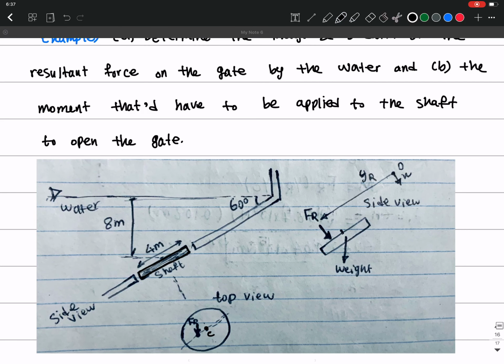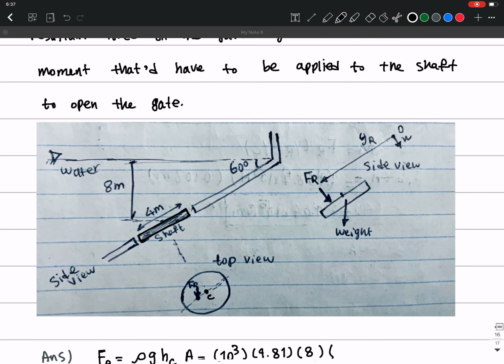Then we have the area of this shaft. The diameter of the shaft is given, which is 4 meters. So the radius of the shaft, from here to here, should be 2 meters.